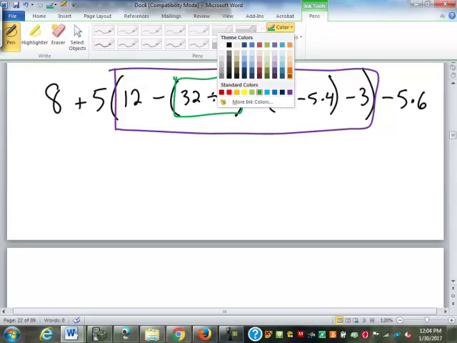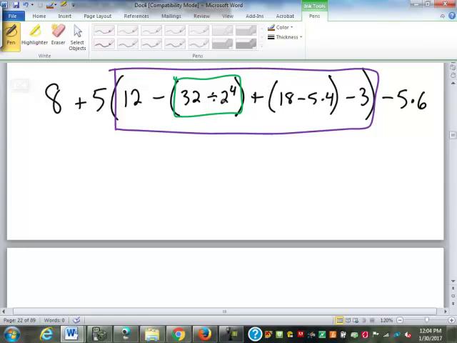Inside there, are there any other enclosing symbols? No. Are there any exponents? Yes, there's 2 to the power of 4. What is 2 to the 4th power? Two to the 4th power is 16.